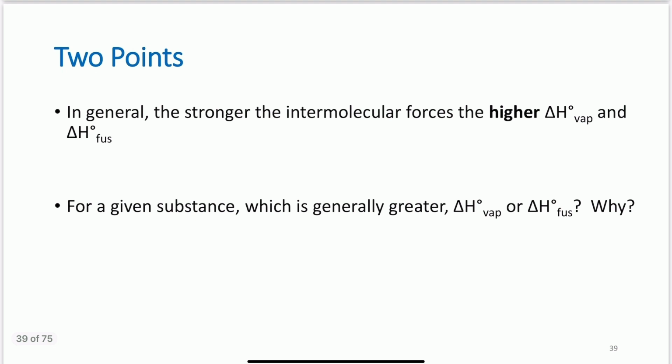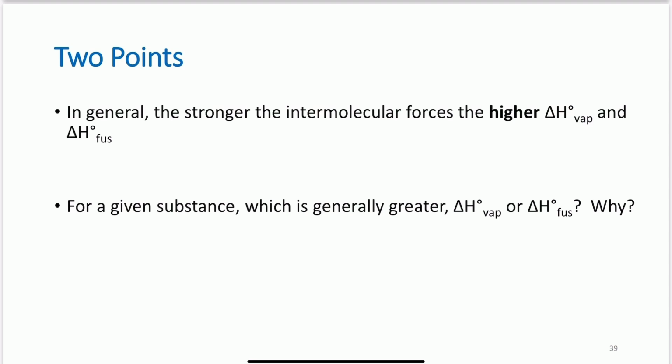Two points I want you guys to think about. In general, the stronger the IMFs, the higher your delta H vaporization and delta H of fusion. Because if we have stronger IMFs holding these compounds together, it's going to take more energy to break them apart. Remember, ideally speaking, a gas behaving in an ideal fashion doesn't have any interaction with other gas particles around.